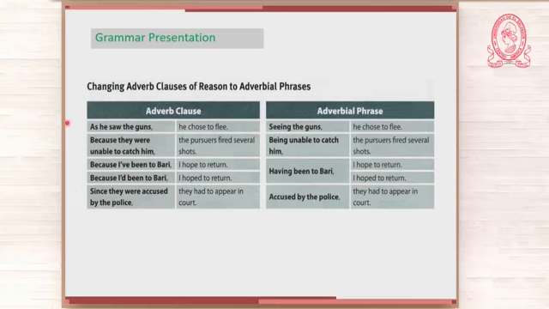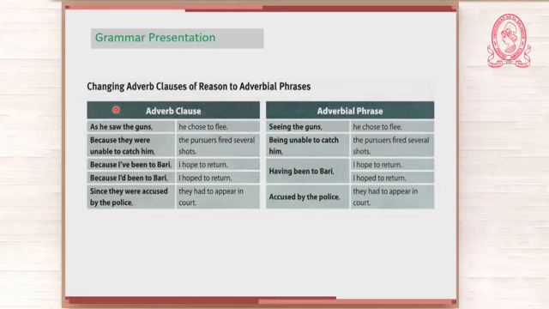As he saw the guns, he chose to flee. Yes, better to go away, he said, to be alive. As he saw the guns, he chose to flee. Subject, he. The same subject, yes. Principal verb, saw, in the past tense. We know that we change it to the ing form to make a present participle. Okay?